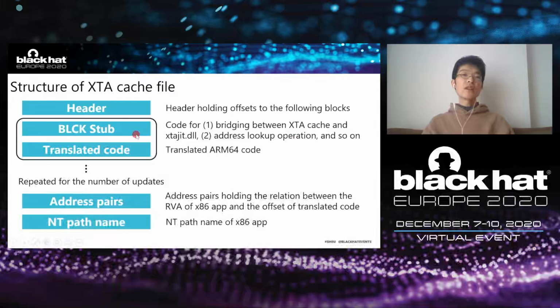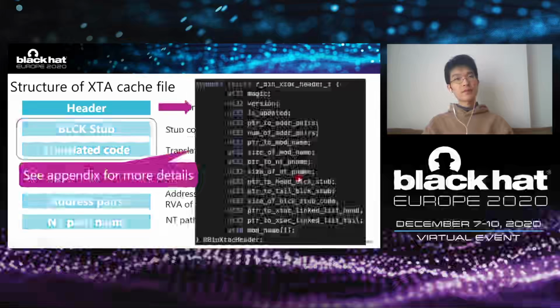After this, there is translated ARM code. These two blocks are repeated for the number of updates. After these blocks, there are address pairs. Address pairs contain the relation between the RVA of the x86 application and the offset of translated ARM code. Finally, there is the empty path name of the x86 application.